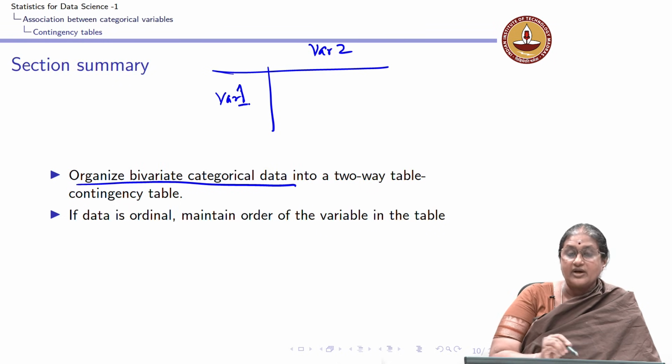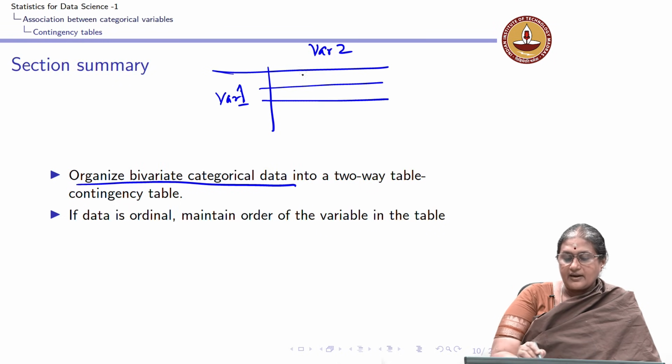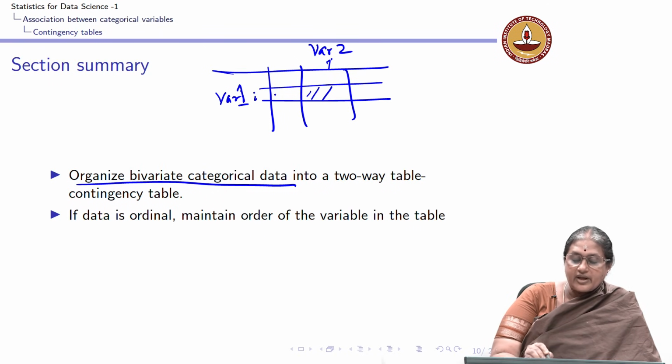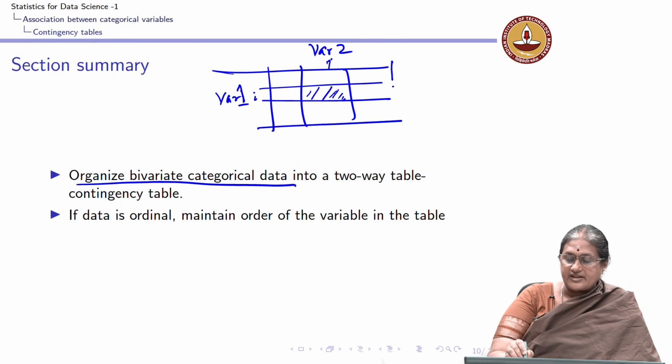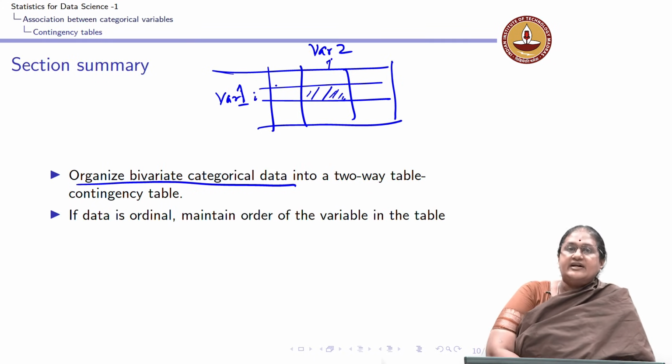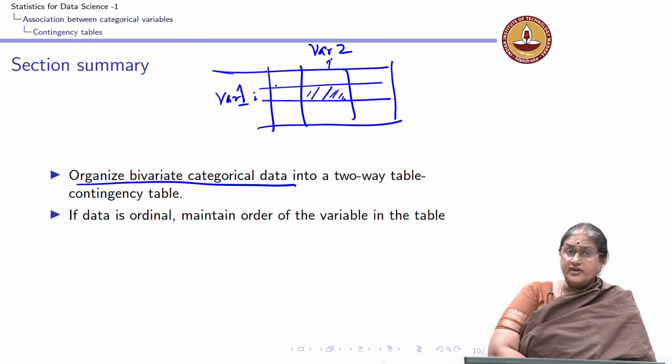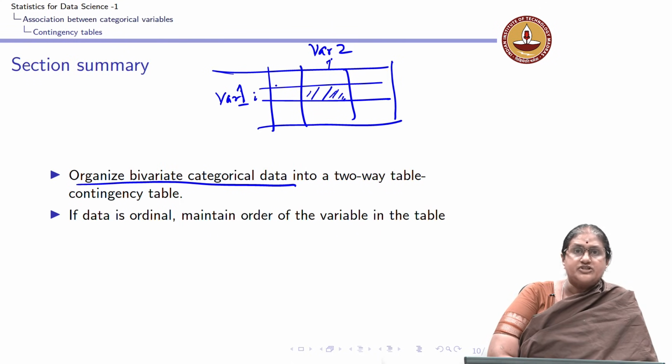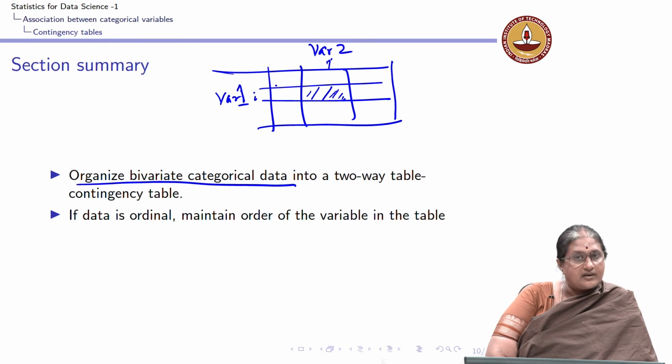This is variable 1, variable 2, and a cell here, the ith level of variable 1 and the jth level of variable 2, tells how many observations are there in this particular cell. And this is what is referred to as a contingency table. A word of caution, if the data is ordinal, maintain the order of the variable in the table.